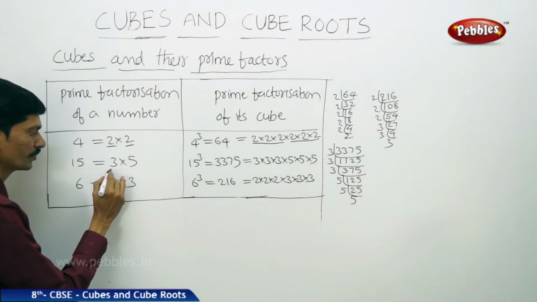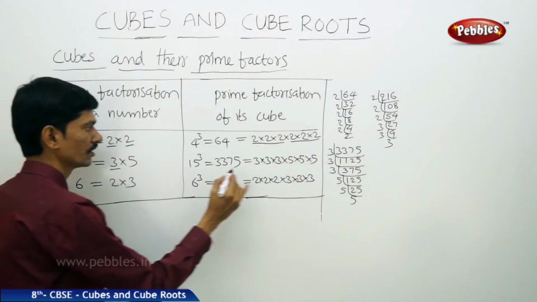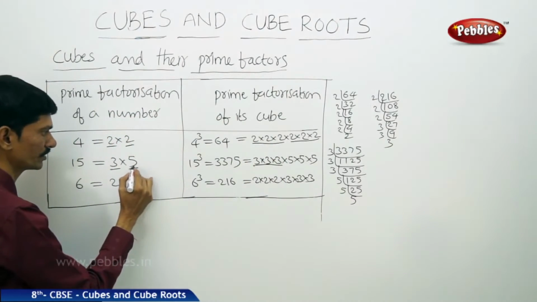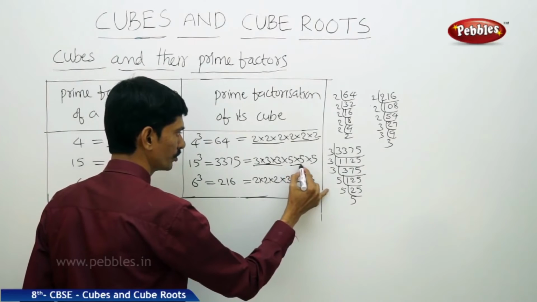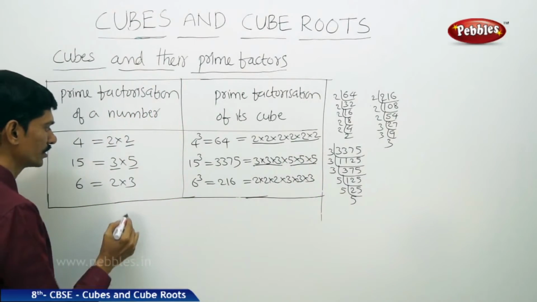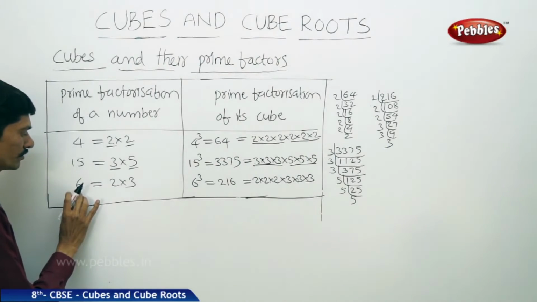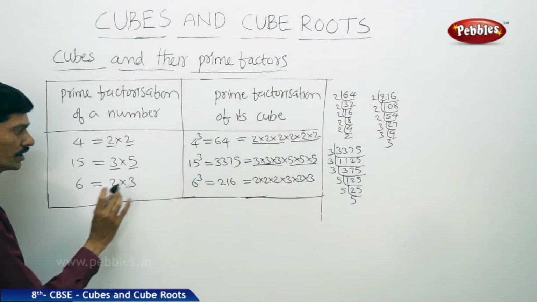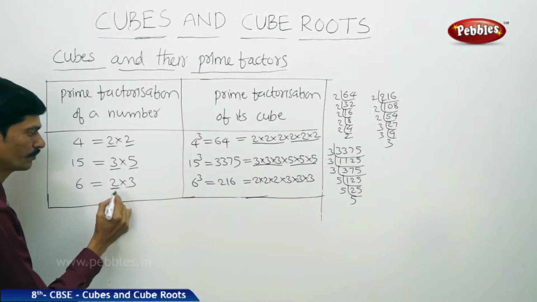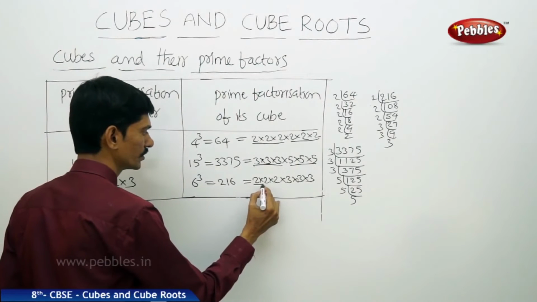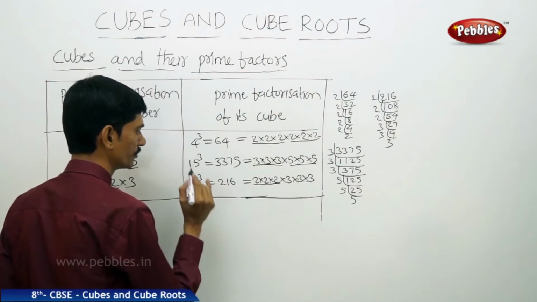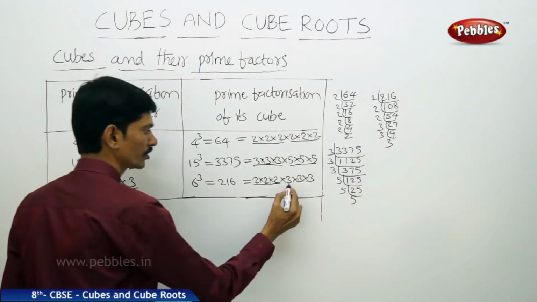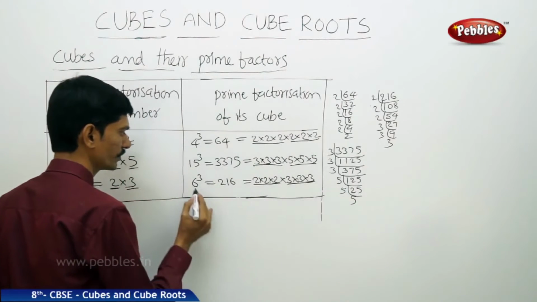The first prime factor 3 appears 3 times in the cube of the number and the second prime factor 5 appears 3 times in the cube of the given number. And in the third case also, when you factorize 6, we get the two prime factors 2 and 3. So 6 can be written as 2 into 3. Then the first factor 2 appears 3 times in the prime factorization of 6 cube and the second prime factor 3 also appears 3 times in the prime factorization of 6 cube.